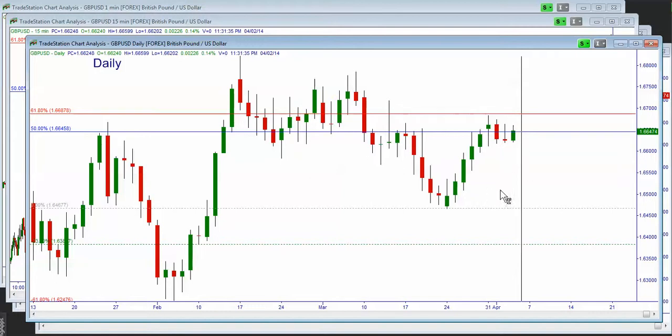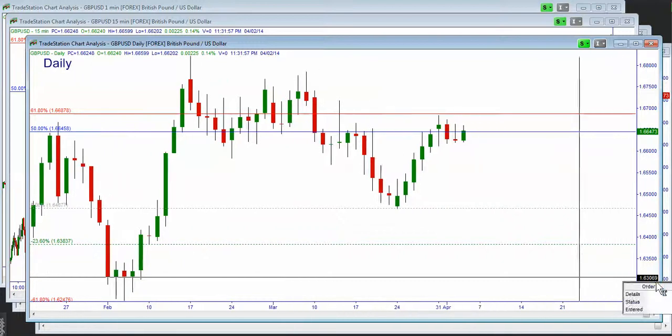I'll show you on the 15 minutes the failure of the sequence of measure move higher that actually characterized this move higher here, the 6 green bars. And the first target is going to be at this 163.83 area here.